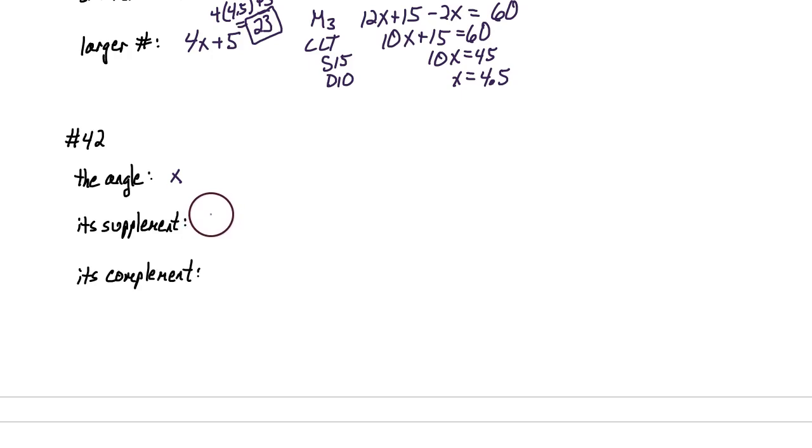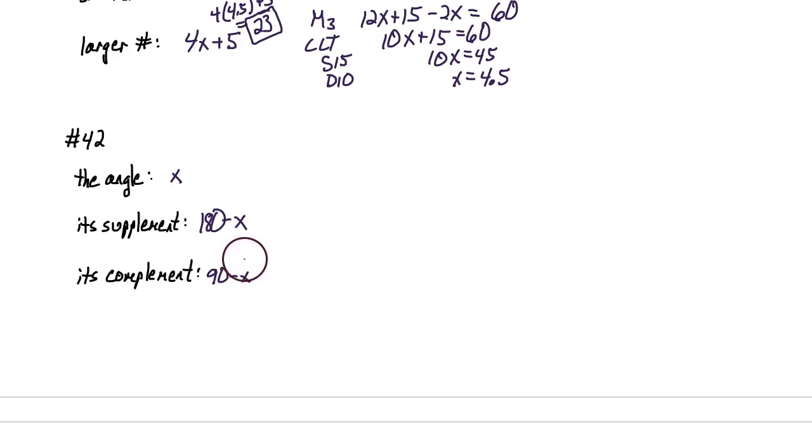If one of them is x degrees, the other one can be found by subtracting x from 180. Complementary angles add up to 90. If one of them is x, the other one can be found by subtracting x from 90. So these expressions model the different angles that are mentioned in the word problem.